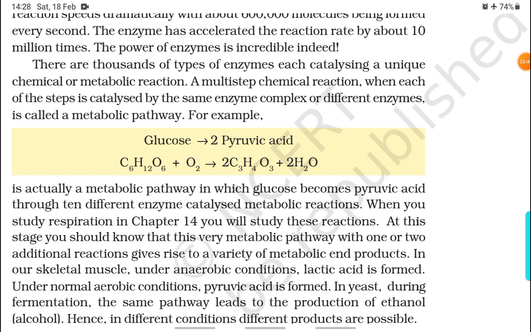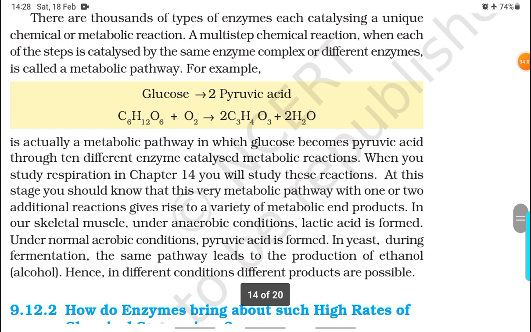When you study respiration in chapter 14, you will study these reactions. At this stage, you should know that this metabolic pathway, with one or two additional reactions, gives rise to a variety of metabolic end products.